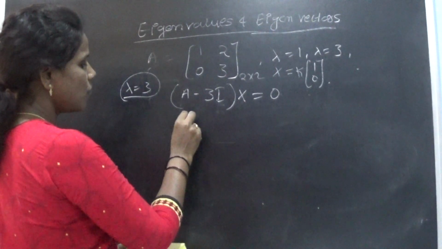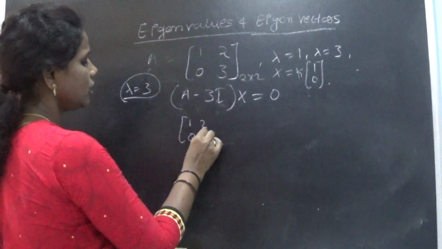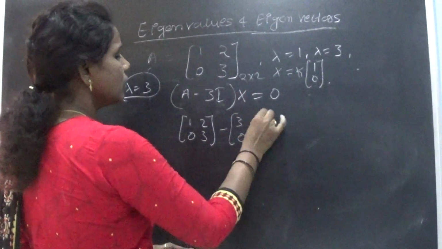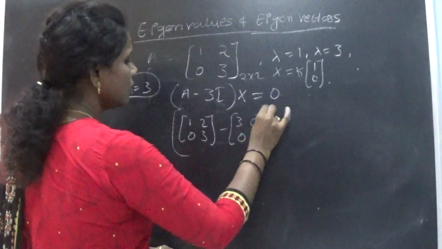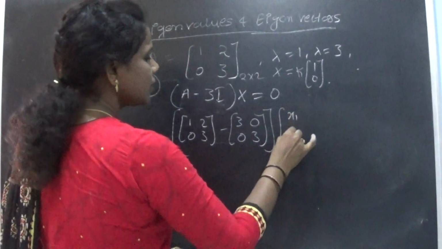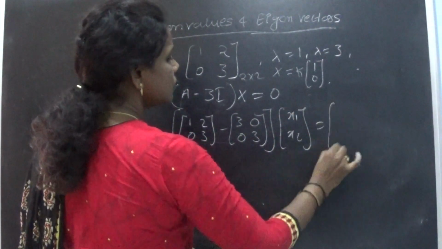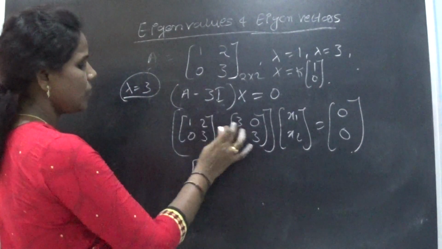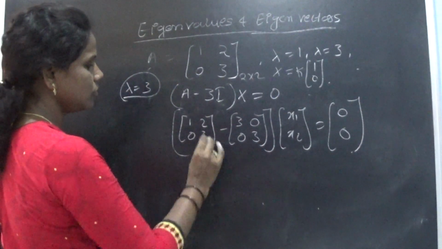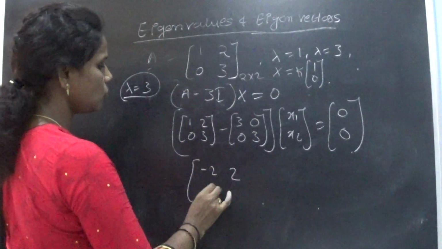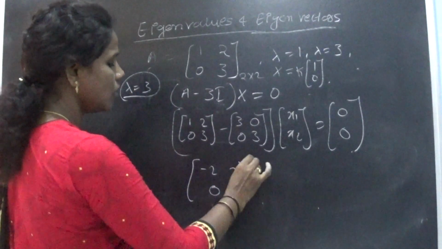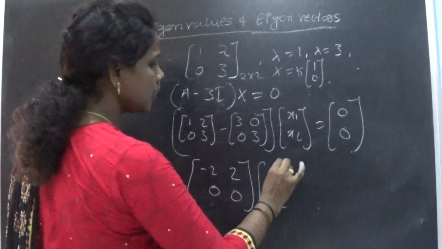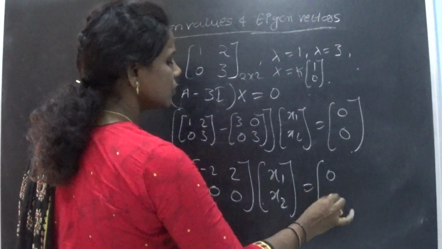It is 1 2 0 3 minus 3 times 1 0 0 1, times x1, x2, equals 0, 0. So here 1 minus 3 is minus 2, 2 minus 0 is 2, 0, 0, 3 minus 3 is 0, and the unknown eigenvector x1, x2 is equal to 0, 0.